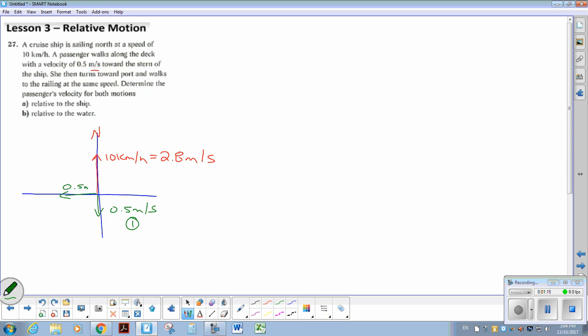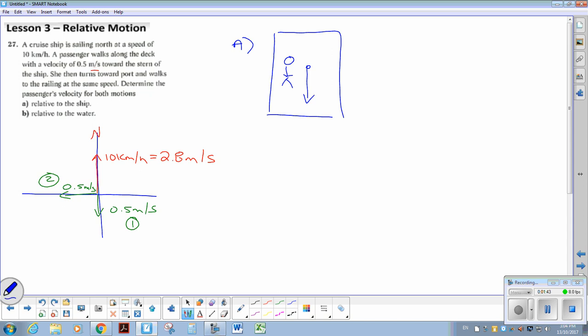So that's stage 2. Probably the nautical terms are causing headaches here. I don't use that. I use front, back, left, and right. Anyway, what is her velocity relative to the ship? What I do to help myself out, here is my ship. Here is the person walking. If I am on the ship, this means that I am standing right here watching. Yes, I am a stick man.